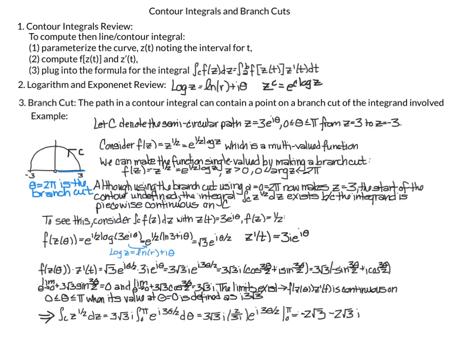In particular, we are going to look at these path or contour integrals that contain a branch cut of the function of the integrand involved. To see how we treat these, we're going to use this example to motivate our discussion.